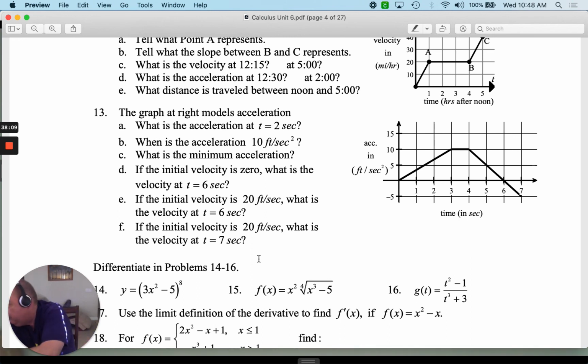Make sure it's that simple. Yep. And then F, if the initial velocity is 20, what's the velocity at 7 seconds? Well, already up to 6, we know it's 55, and then you just integrate from 6 to 7. Now be careful, because from 6 to 7, it's negative. So what's this triangle? The base is 1 and -5.